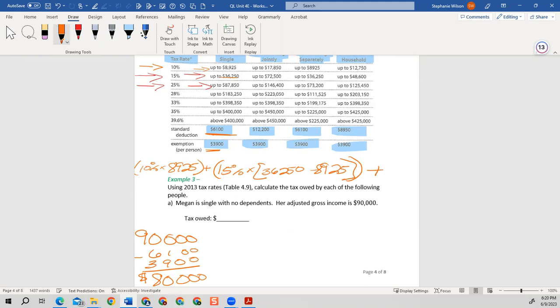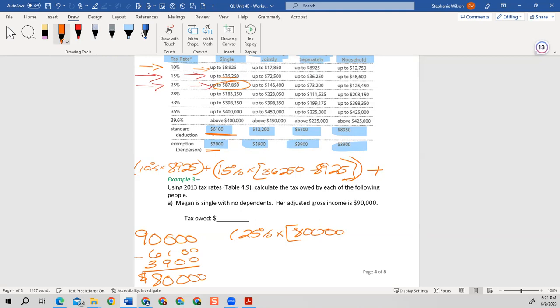Now let's add it to the 25% bracket that she fell in, right? Times, now she only made 80,000 that's taxable. So we're not going to write the 87,000, because we're not going to tax her on the $7,850 she did not make, or that was not taxable on her part.